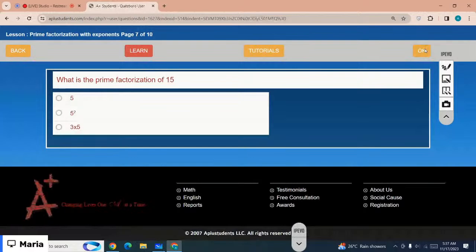What is the factorization of 15? The correct option is 3 times 5.